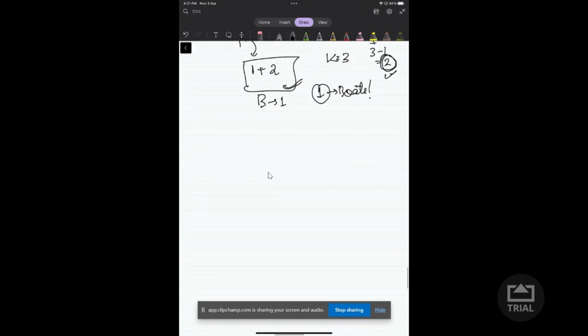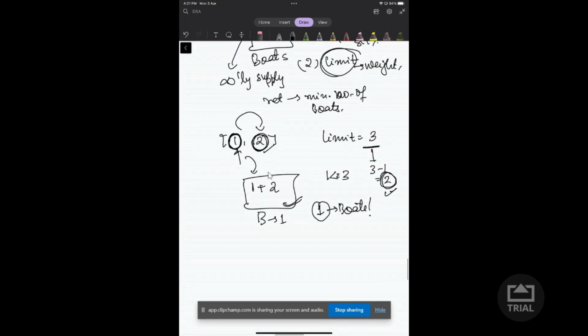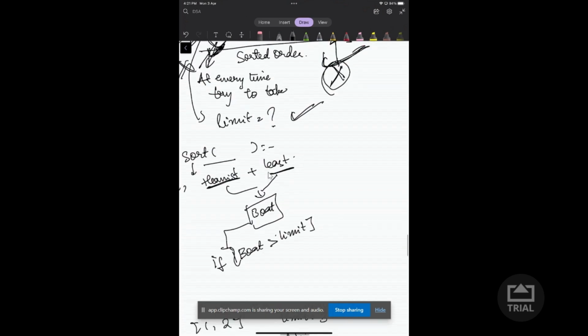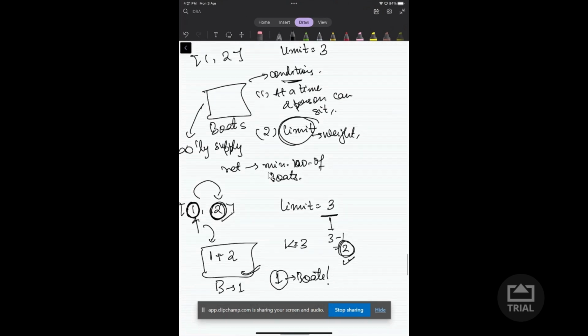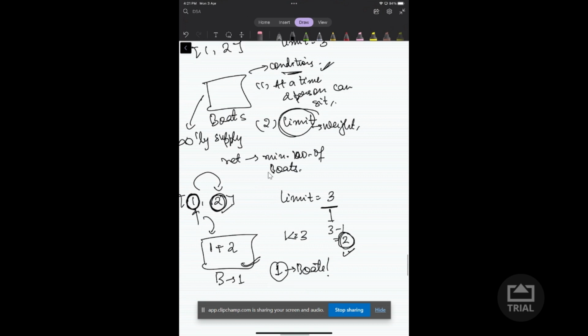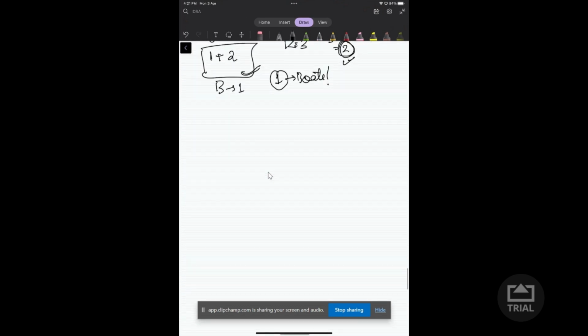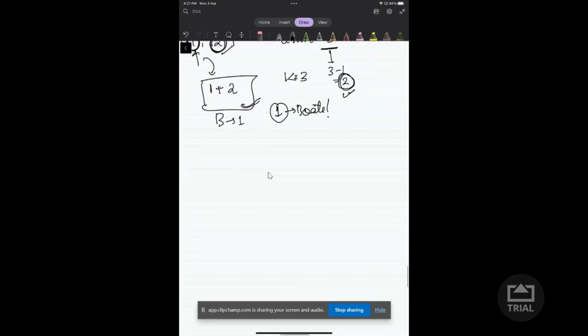So how will we approach this problem? There are two conditions. At a time, at max, two people can sit on our boat, and there is a weight limit. So if I try to think in an optimized way, can I sort the given array?